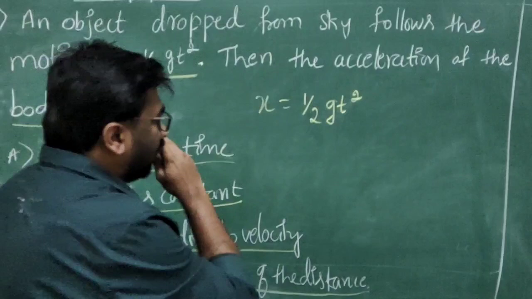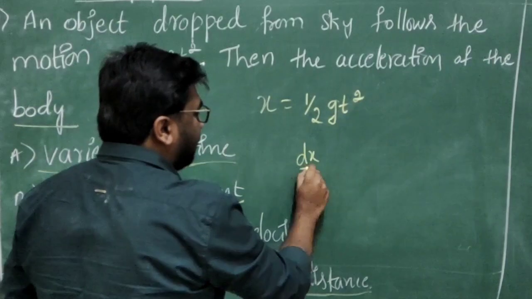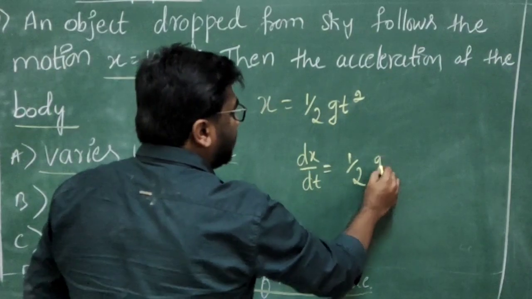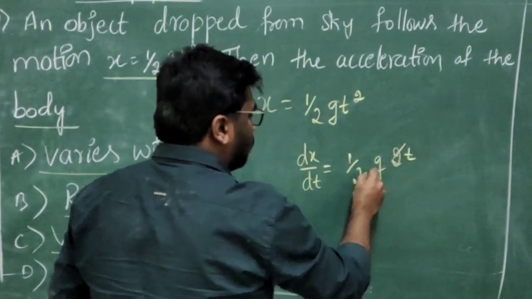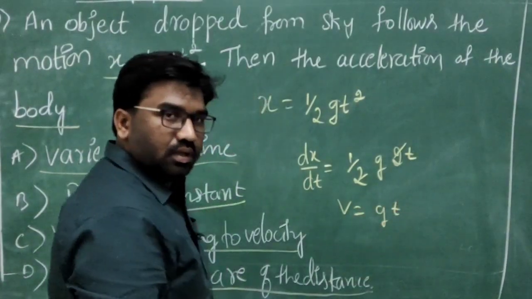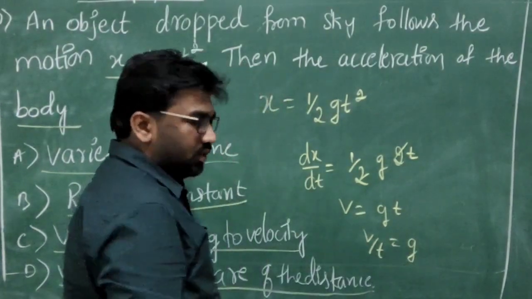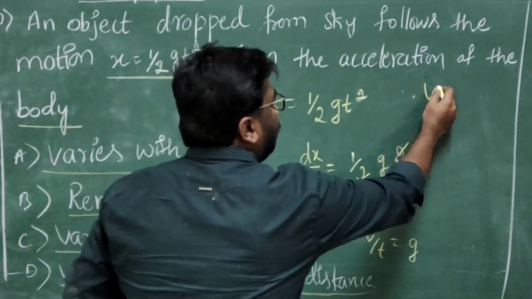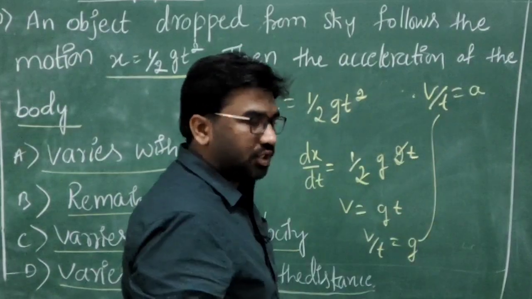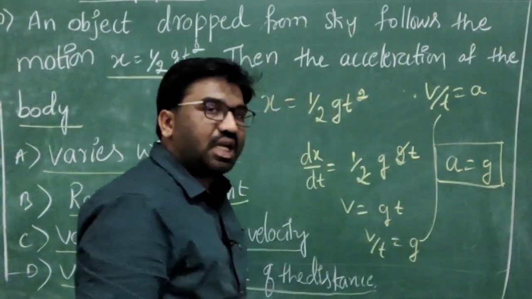So let's see, if we differentiate this equation with respect to time, we get dx by dt is equal to half g 2t, and the 2 gets cancelled. So dx by dt, which is v, is equal to g t, and we know that v by t is equal to g. Since v by t is nothing but acceleration, from these two equations we can easily write a is equal to g. So the acceleration of a particle is constant.